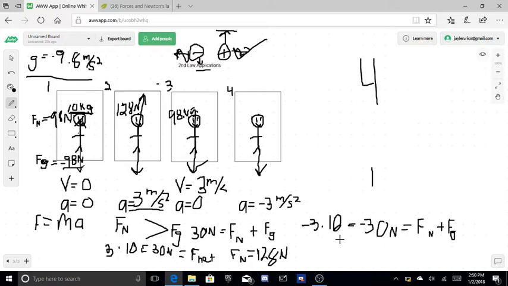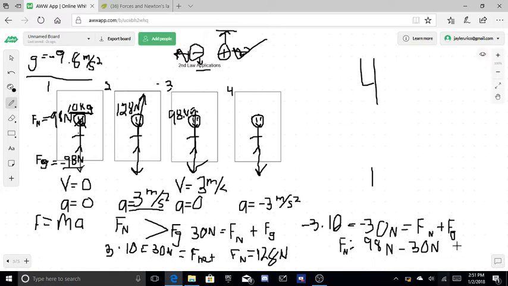So the normal force is equal to 98 newtons minus 30 newtons, because we subtract the force of gravity from both sides, and gravity is already negative 98, so that makes it a positive 98.